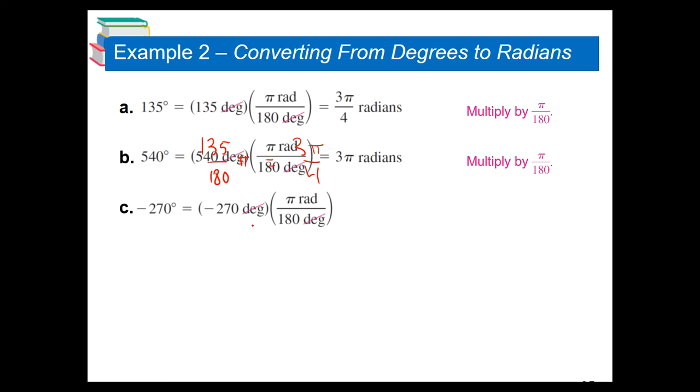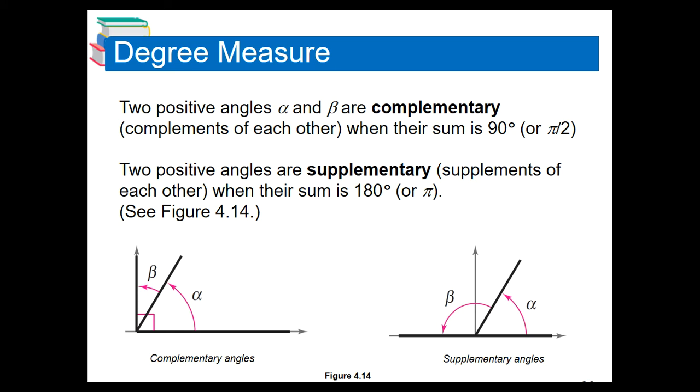All right, so we're going to take negative 270 and put it over 180, which reduces to negative 3/2. And then we're going to put the pi there. So negative 3/2 pi. All right, so once you get the hang of it, it's very simple.